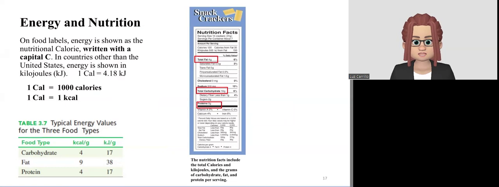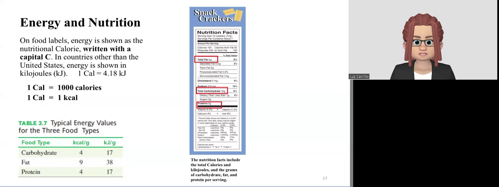But in the US, we use nutritional calories. And the difference between nutritional calories and the energy calories is when it comes to the shorthand, nutritional calories are written with a capital C. And in addition, when it comes to value, one nutritional calorie equals 1,000 calories. In other words, a nutritional calorie equals 1 kilocalorie.